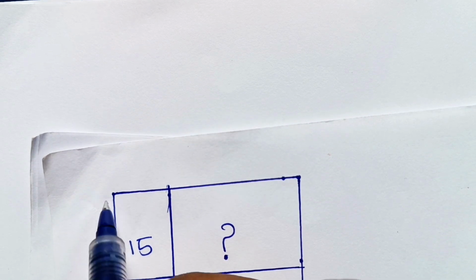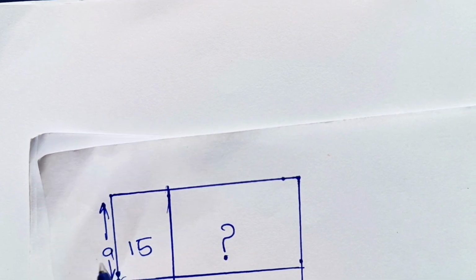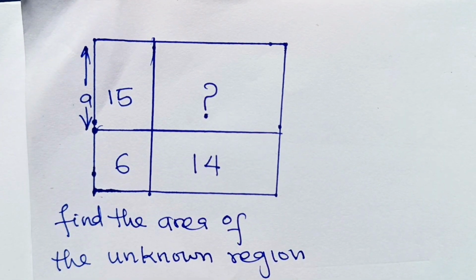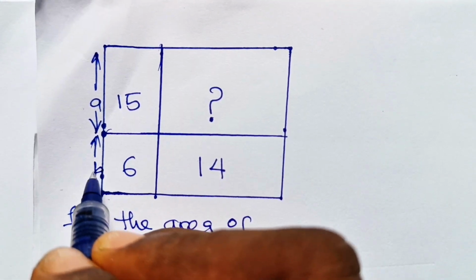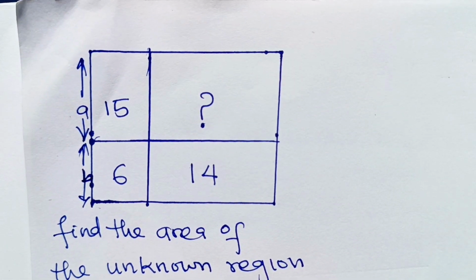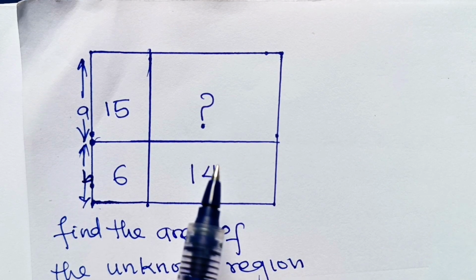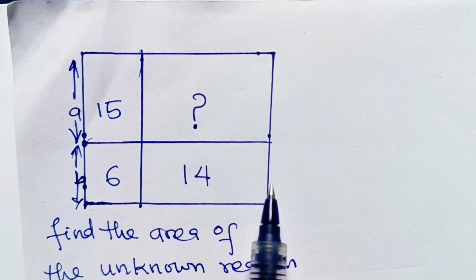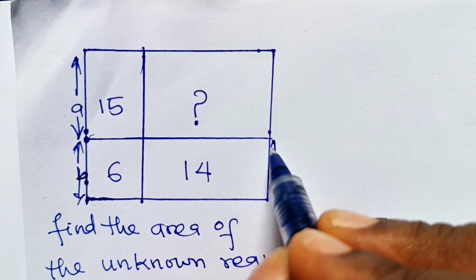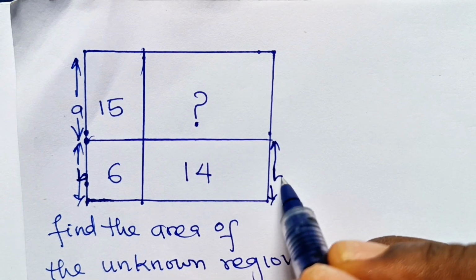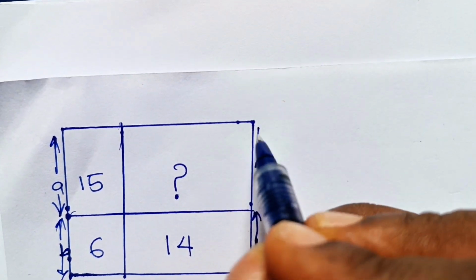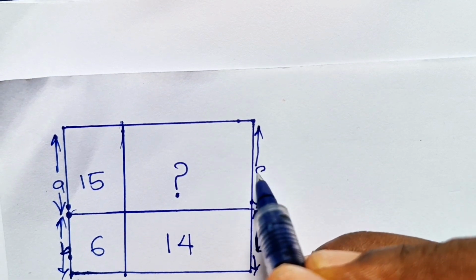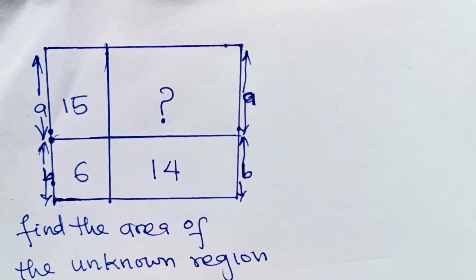Now, first, let us call this place A, okay? So if we call that place A and this place B, alright? Since this is supposed to be a rectangle, it means that this place is also equal to B. And here is also equal to A, right?